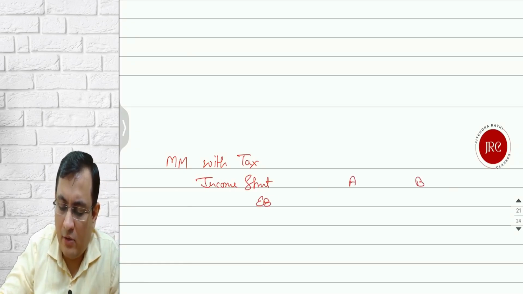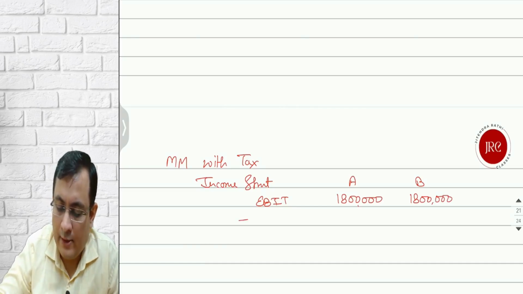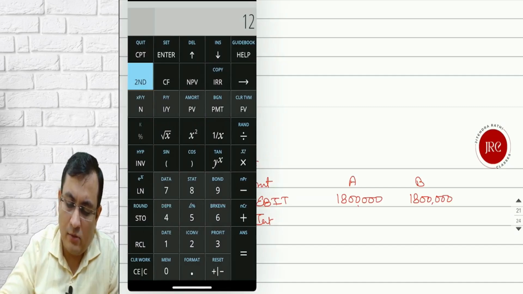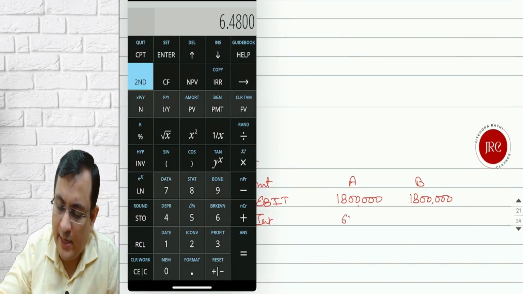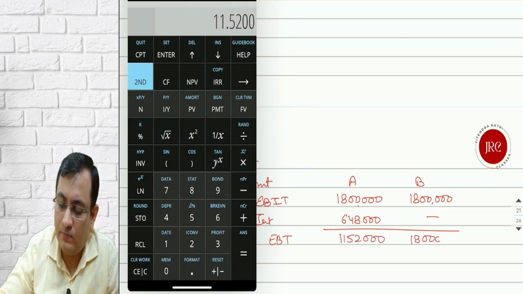Your EBIT or free cash flow is 18 lakhs. Less interest, 54 multiplied by 12% is equal to 6 lakhs 48,000. Here nil. So EBT is equal to 11,52,000 and 18 lakhs.